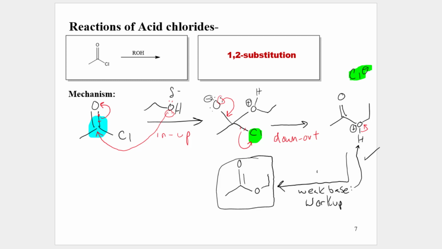If you want to just write it that way, I'm fine with that. The weak base comes in and deprotonates. But it's probably not the chlorine. Okay, and now we've converted an acid chloride into an ester. 1,2 substitution. In, up, down, out. Let's do another one.